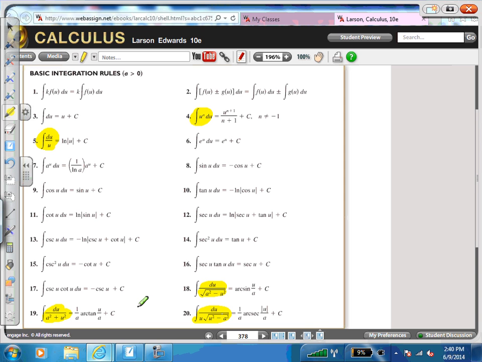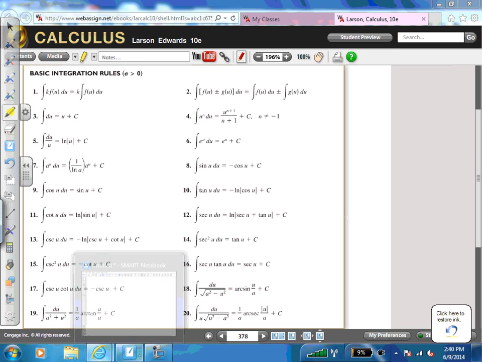So we're basically going to have to think about, well, what is our u? With the u we pick, can we make it look like one of these formulas? And there will be some cases where we can't. There are times where no matter what you try, there's not a formula that exists that you can integrate that function with.